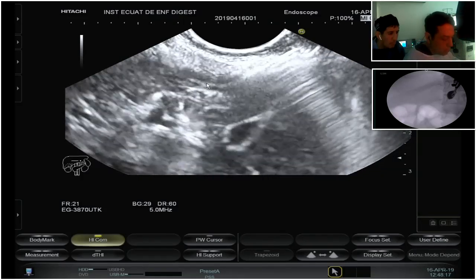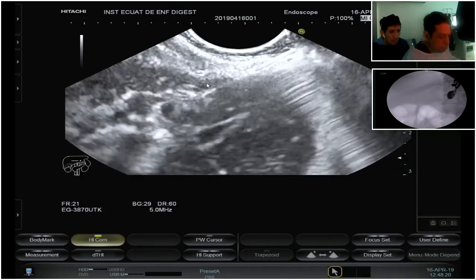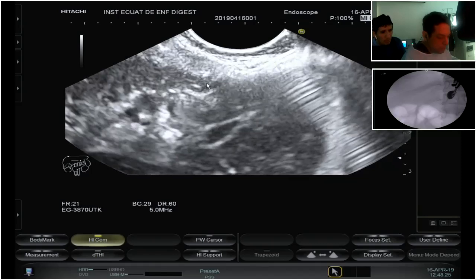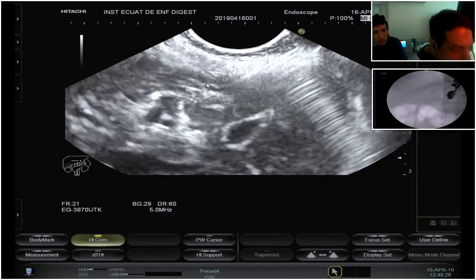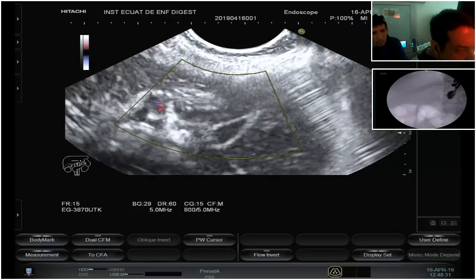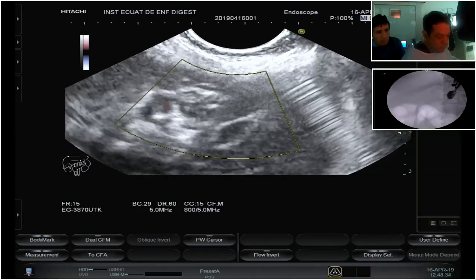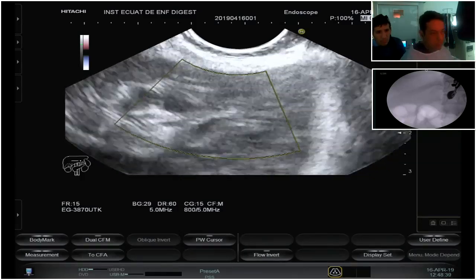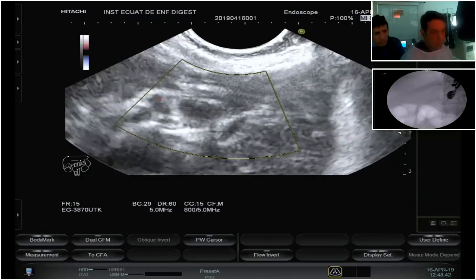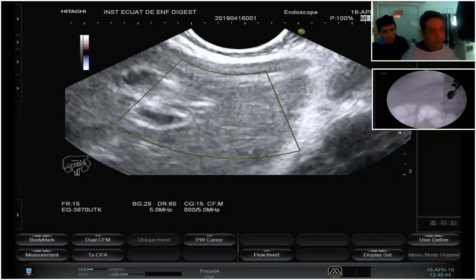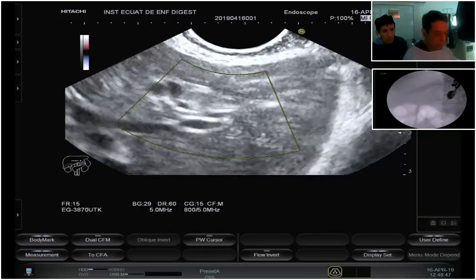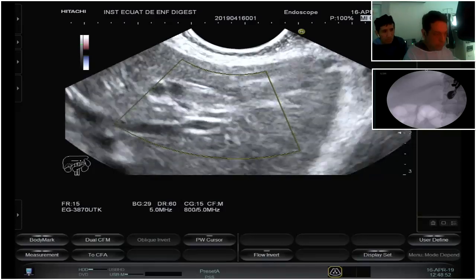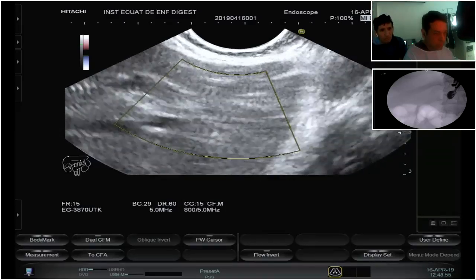Okay. Now we are, no. We're not good again. Take this. I want to clean. Sometimes it's not so easy. If you cannot do it using a 19 gauge, you can use a 22 gauge needle, okay?